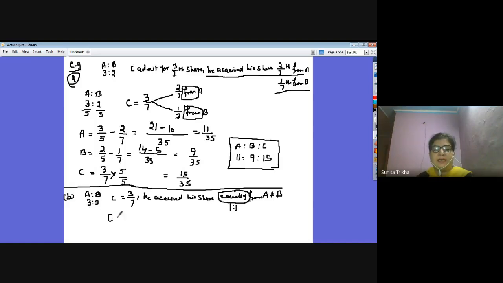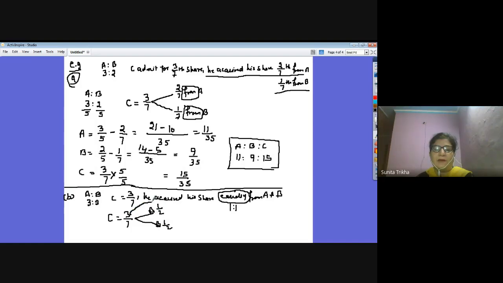C acquired 3/7, equally means 1/2 ratio each. How much share is acquired from A?